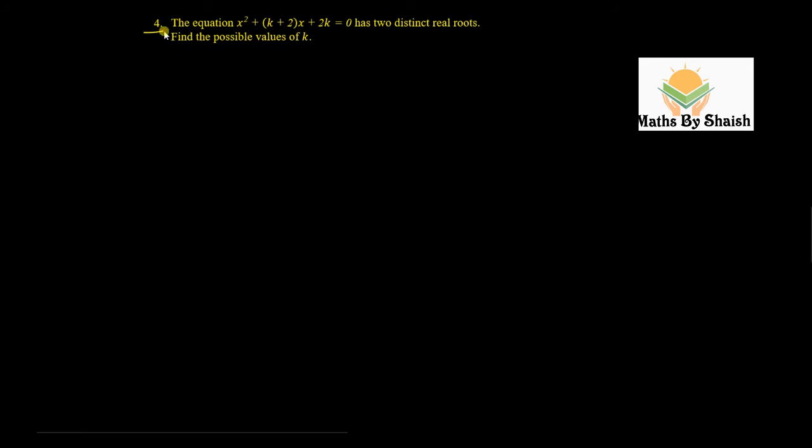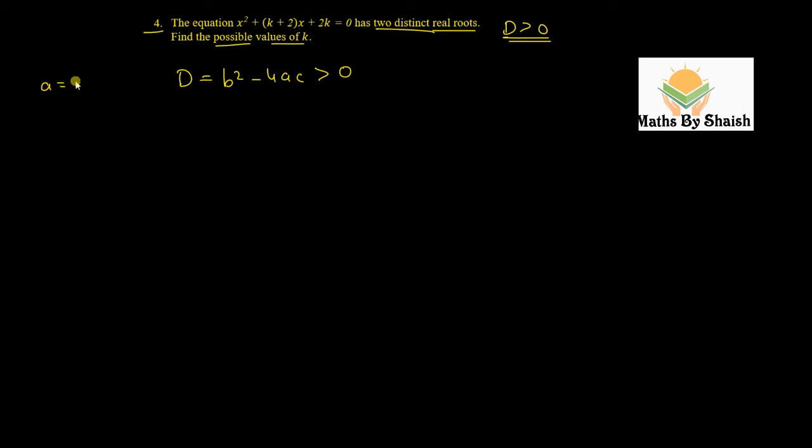Question number 4: the equation x square plus (k plus 2)x plus 2k equal to 0 has two distinct real roots. So again, distinct real roots means the discriminant should be greater than 0. We need to find the possible values of k. So D is b square minus 4ac, it should be greater than 0. Here a is 1, b is k plus 2, and c is 2k.